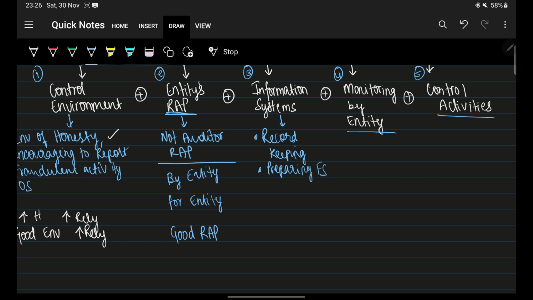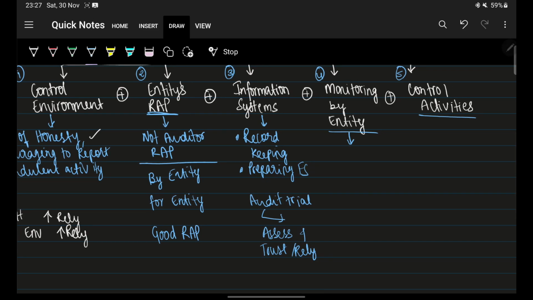So if they're using information systems that are reliable, that have the audit trail, you'll be able to assess it even better, and you can trust it more. You can rely on the internal control if the information systems used by the entity are sophisticated and a bit more advanced, right?